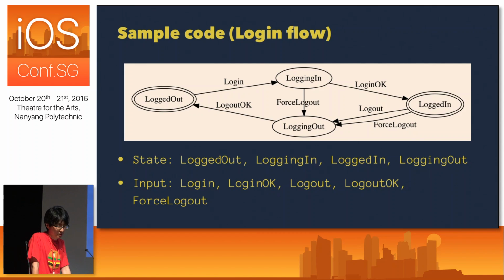This is a state transition diagram illustrating a simple login flow. We have 4 states here. The left one is logged out, not logged in yet. We transit to the logging in state, the logged in state, and the logging out state. Then we have corresponding inputs. Here we have an interesting input called force logout. That basically transits from logging in or logged in to the logging out state.